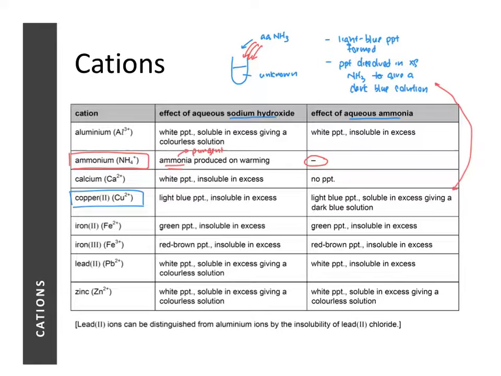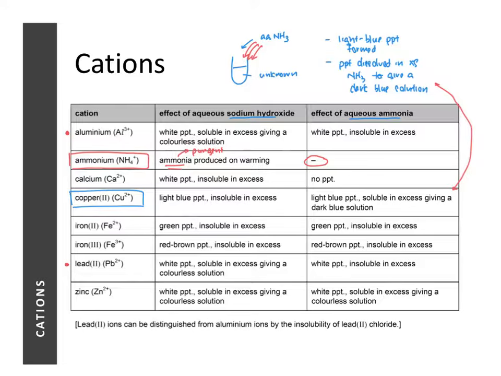Next, if we compare the tests for lead and aluminium, okay, if we look at tests for aluminium cation and lead, you will notice that the observations are the same for sodium hydroxide and for aqueous ammonia. So by using these two reagents, there's no way for us to distinguish between aluminium and lead ions.